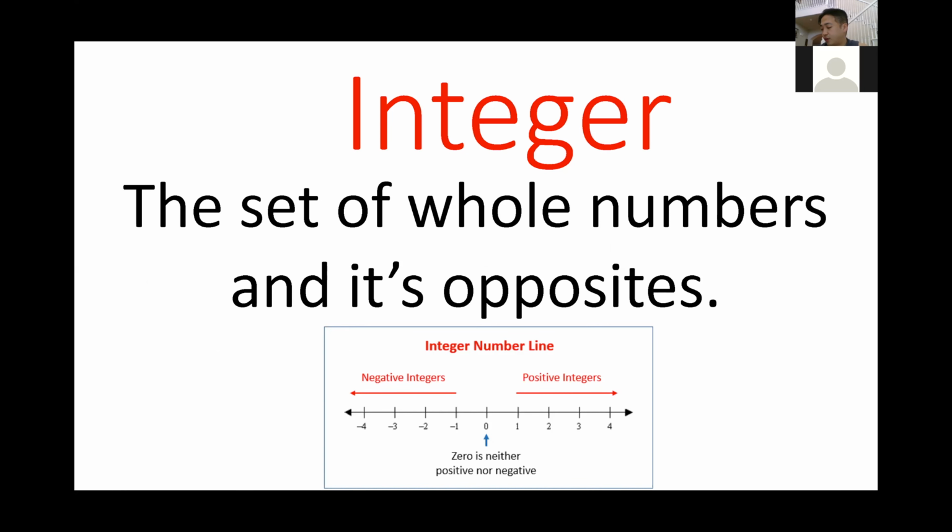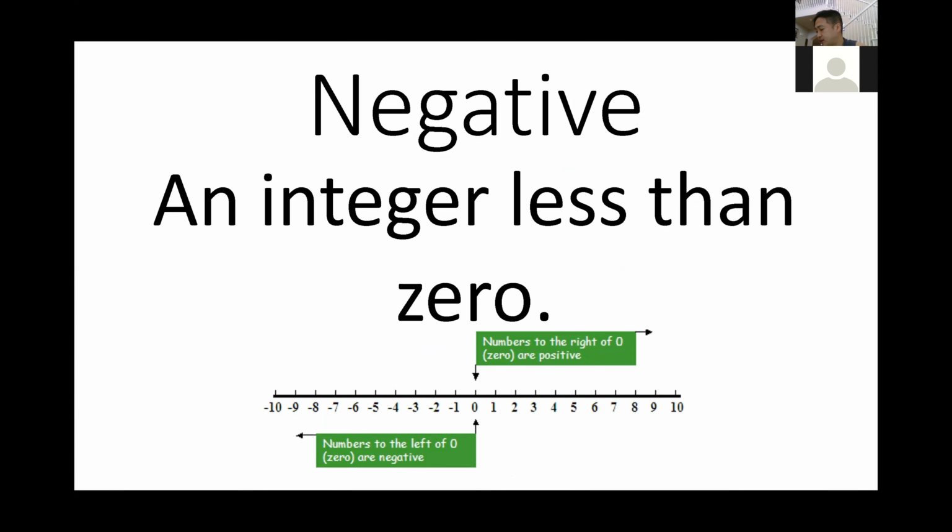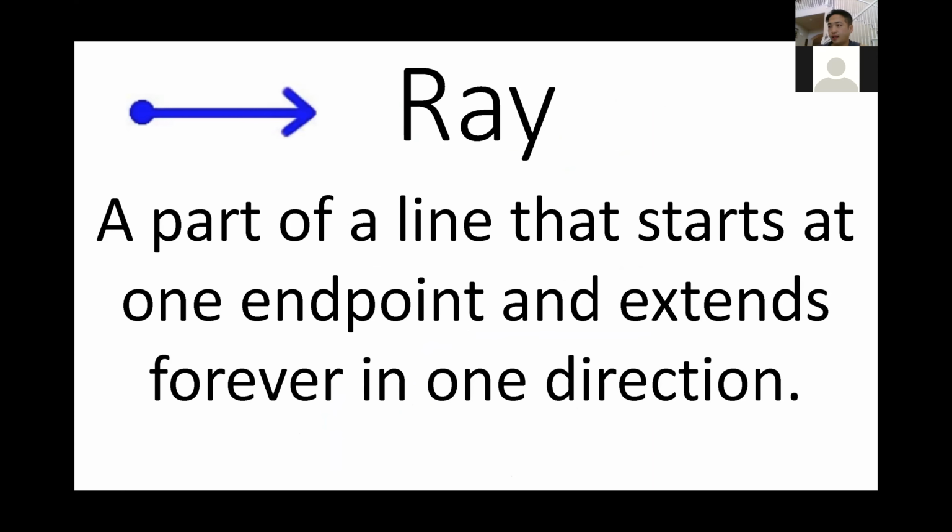So you have 0, a positive area from 0 to the right, and then you have the negative from 0 to the left, and then you have a ray. A ray is that thing that you use to graph integers or rational numbers, and it's a part of a line that starts at one endpoint and then extends forever in one direction.